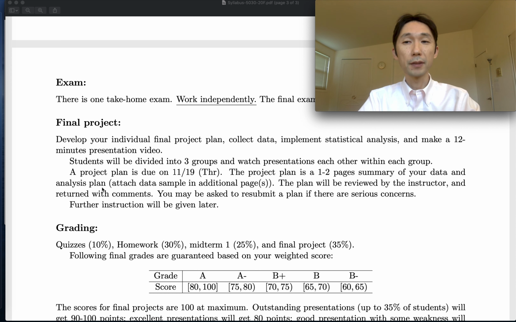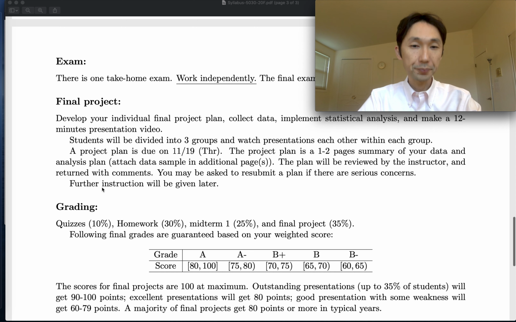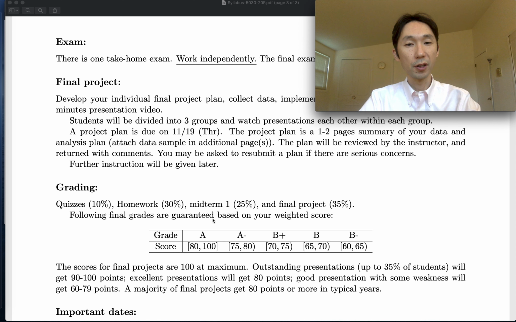Some students make infeasible plans. Some students don't have a solid plan on what they want to do. I just want to make sure that you are on the right track. This is not graded, but it will be returned with comments. Further instructions will be given later.